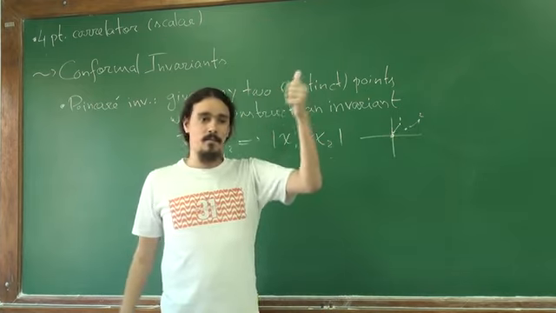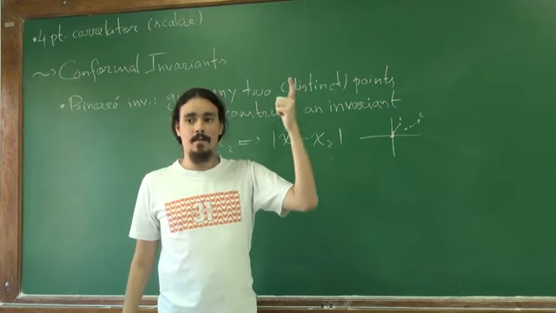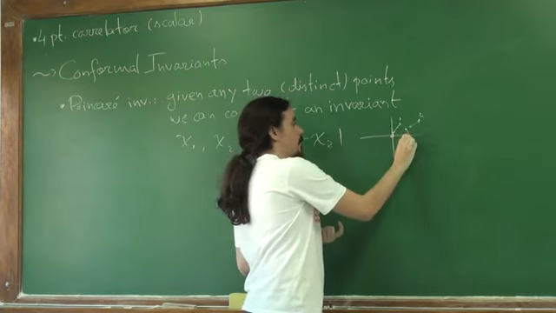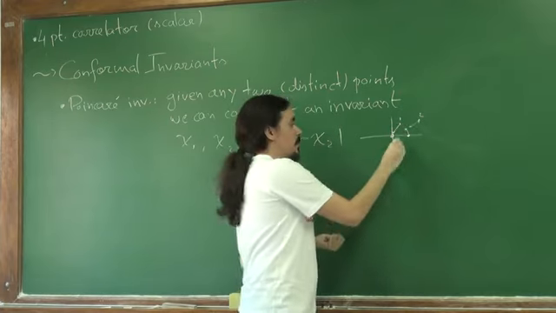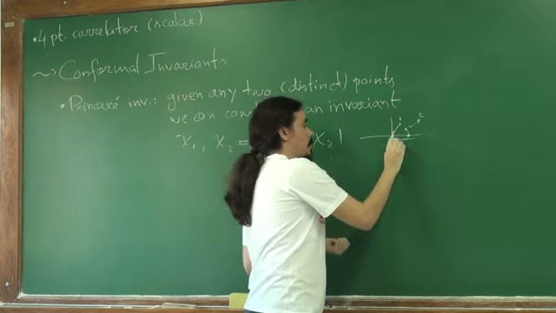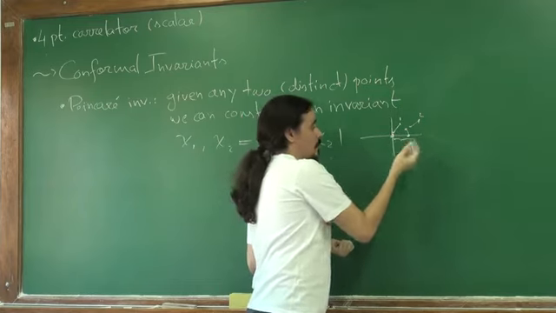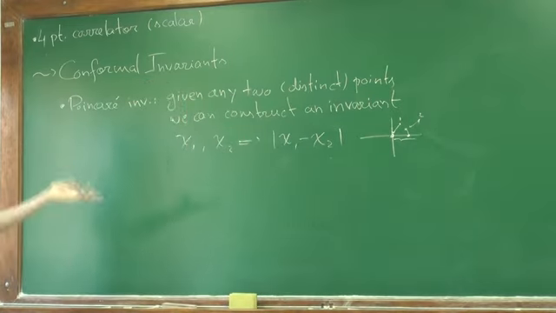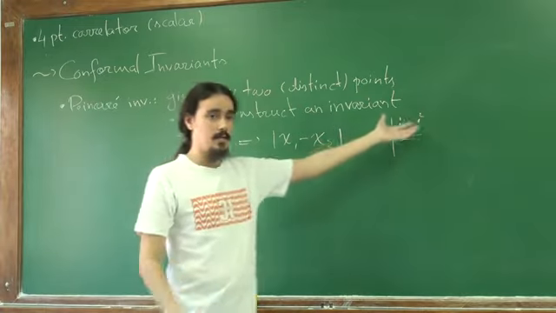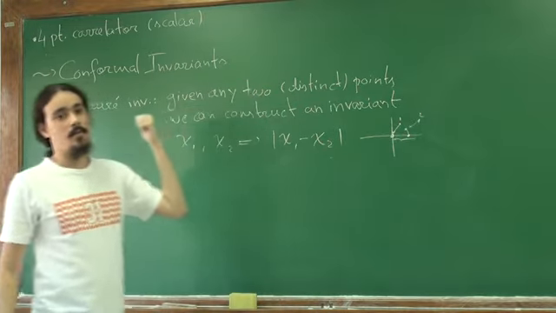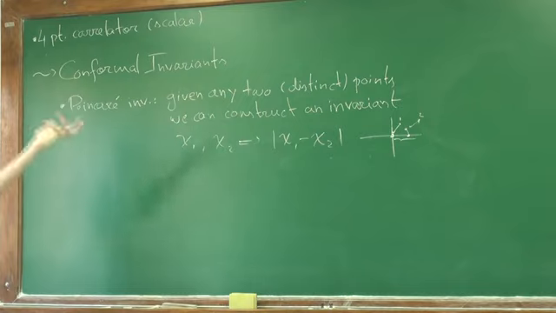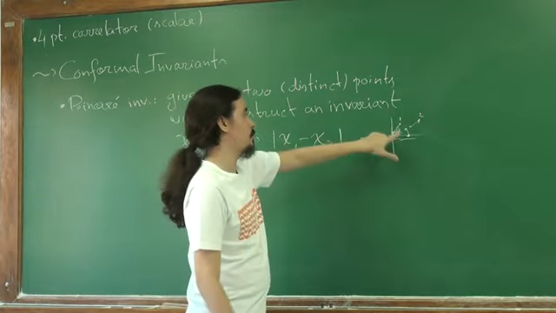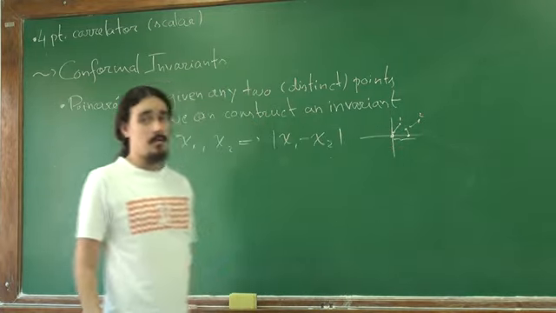I already used translation invariance, and I still have rotation invariance. So I use rotation invariance to bring this guy here. So you see that everything now depends on this distance here, and it is invariant. Given any 2 points, I can do this. I can bring one to the origin by translation, and then put the second point on any axis. Put it on this axis too if I wanted.